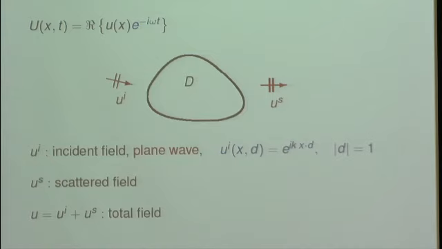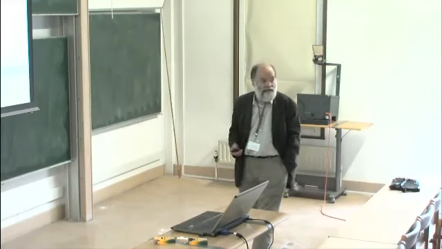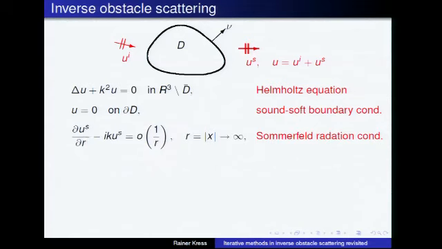And then we have a scattered wave due to the object, and the total field is obtained by superposing both together.